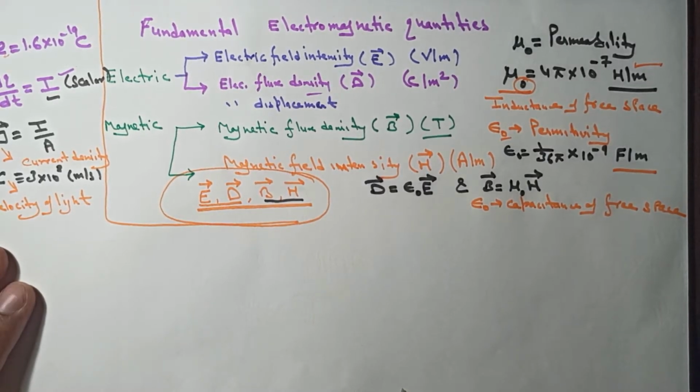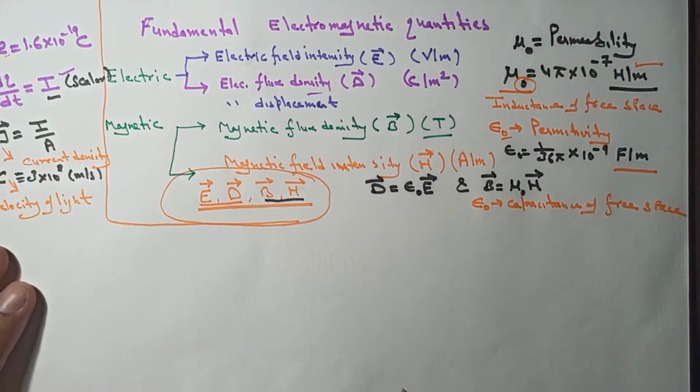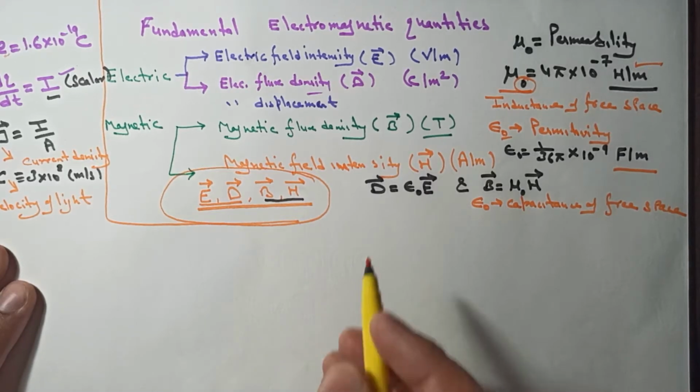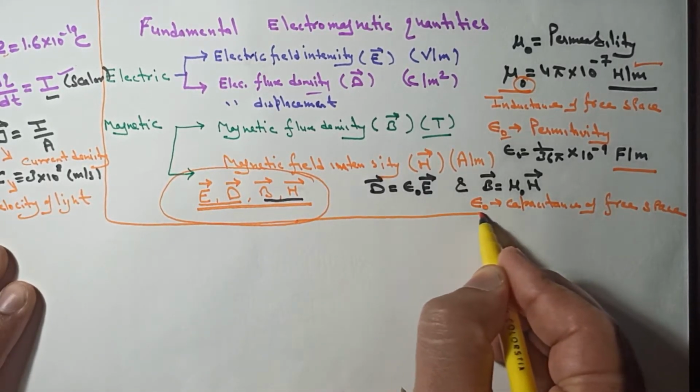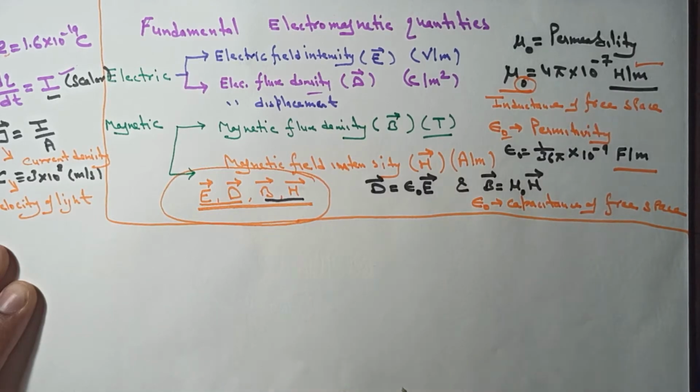So this free space also has inductance and capacitance, but it is distributed throughout the length, unlike network theory, which is lumped. If you want the differentiation between lumped and distributed parameters, you can see my previous video.